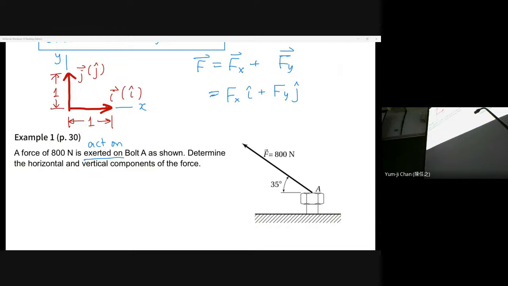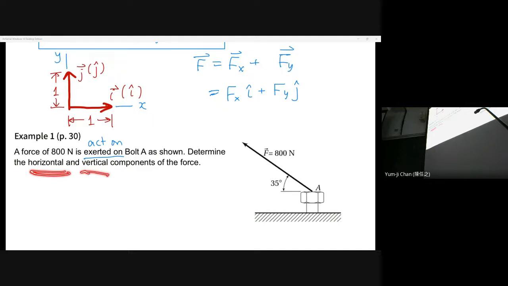Determine the horizontal and vertical components of the force. So what's the Chinese of horizontal? I think I have mentioned it in the video. Okay, very good. And vertical. Yeah, very good. So this is horizontal and vertical.